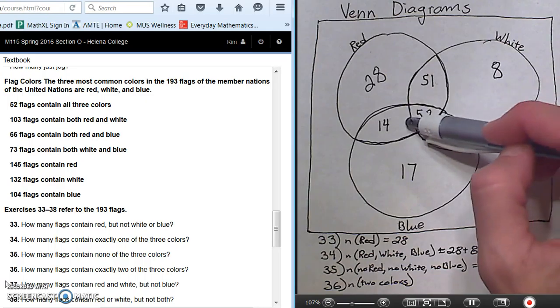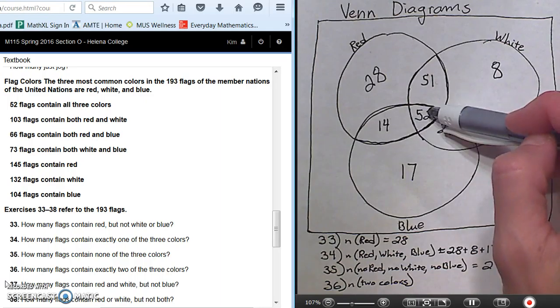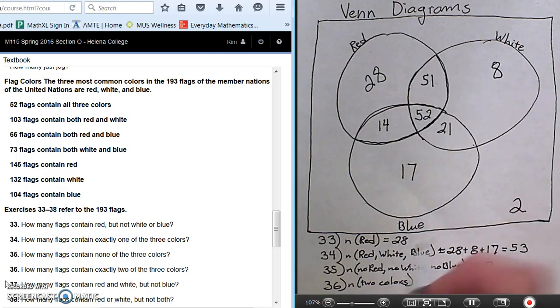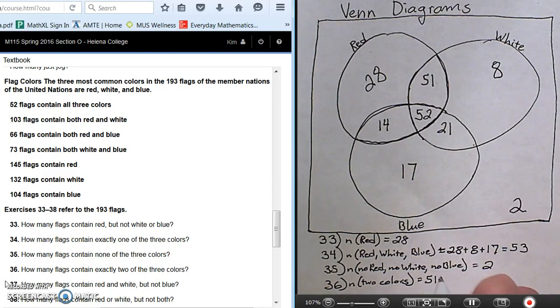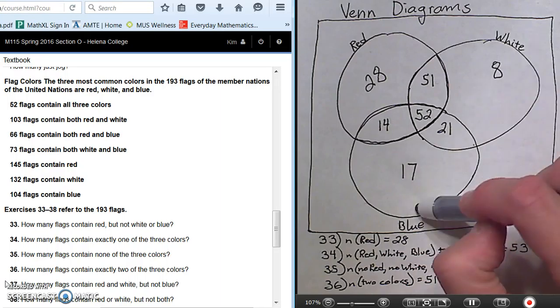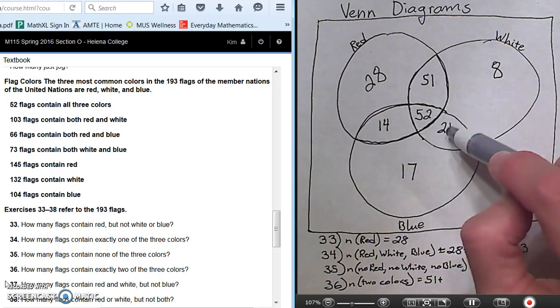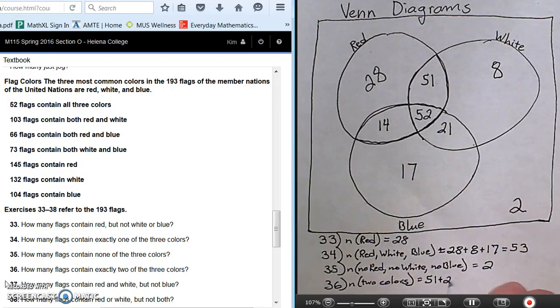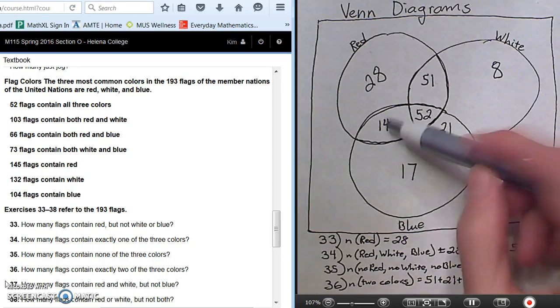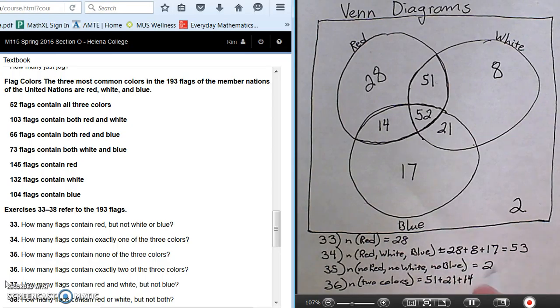I don't want to count the 52 because that would have all 3 colors. I only want the 51. Then I want white and blue, but not all 3. I add on the 21, and I add on the 14. 51 plus 21 plus 14 is 86.